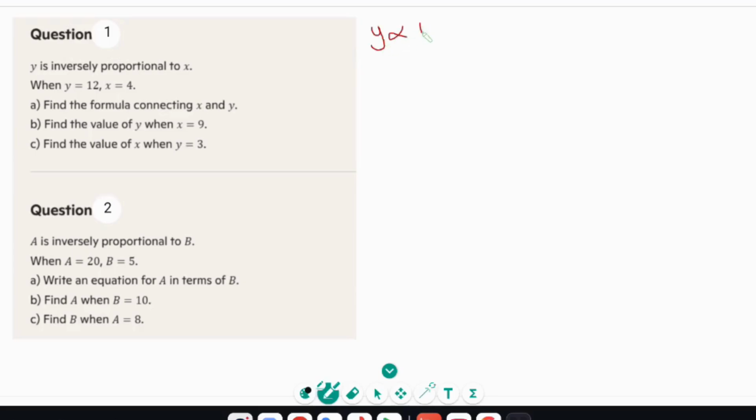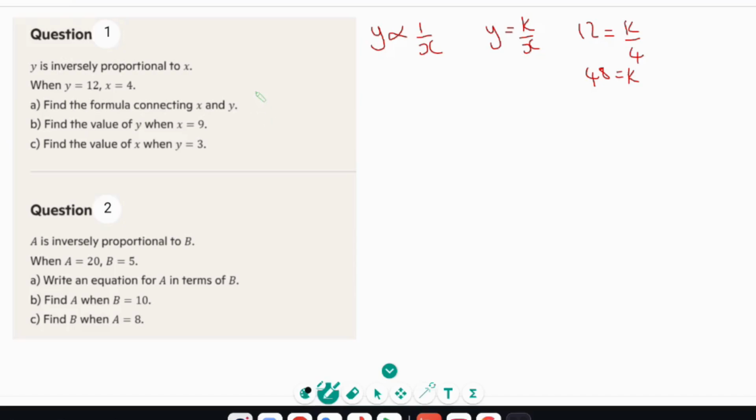So Y is inversely proportional to X. Y is equal to K over X. When Y is 12, X is 4. Times both sides by 4, K is 48.